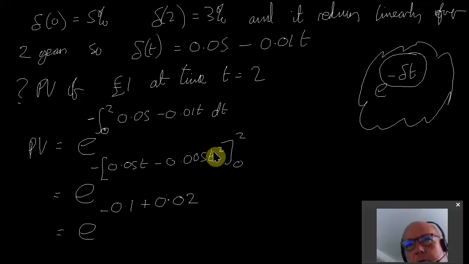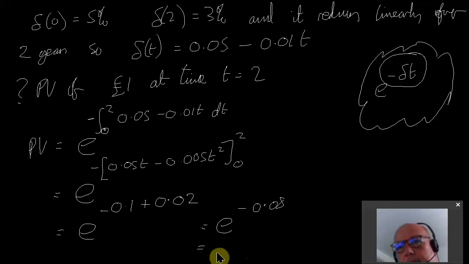So t squared for 0.02, so that is equal to e to the minus 0.08. Okay, which is equal to 0.923.